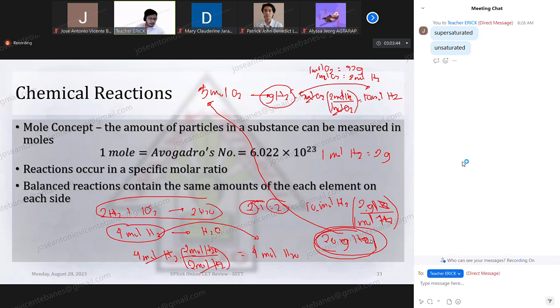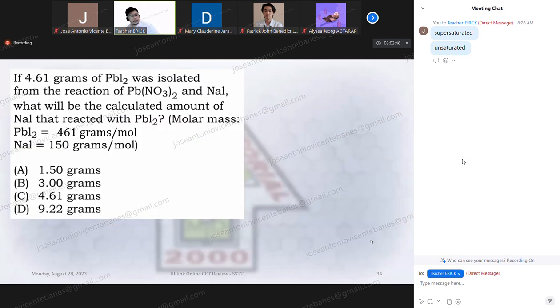Okay, let's proceed. Now, if you're asked this question: if 4.61 grams of lead iodide was isolated from the reaction of lead nitrate and sodium iodide, what will be the calculated amount of sodium iodide that reacted, with a molar mass of lead iodide of 461 grams per mole and sodium iodide of 150 grams per mole?